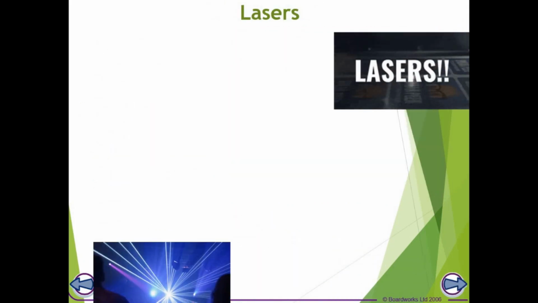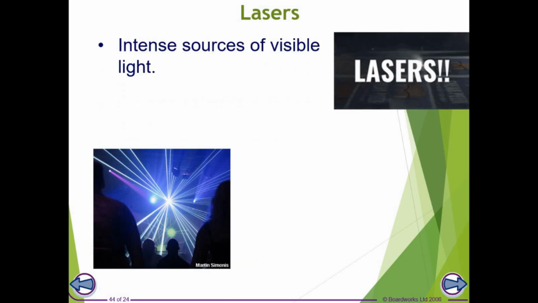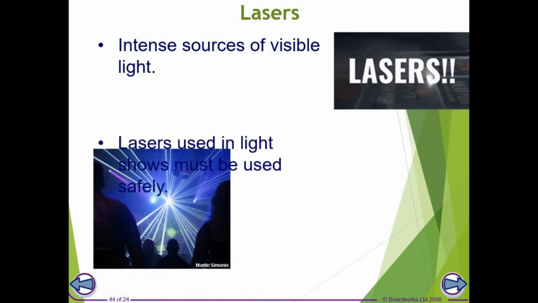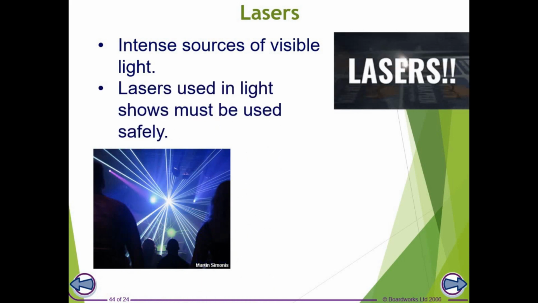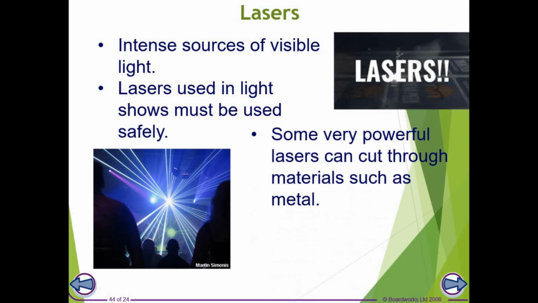And another is that the laser is an intense source of visible light. Lasers used in light shows must be used safely because it is also dangerous. Some very powerful lasers can cut through materials such as metal. This will also be able to burn through living tissues.